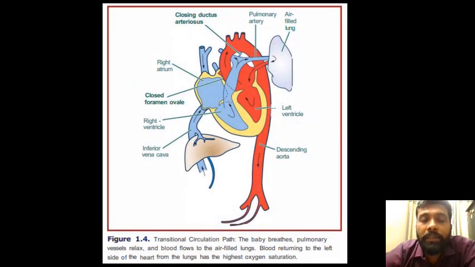So this is a transitional circulation pathway. This is not a fully mature newborn circulation, and this is not a fetal circulation. This is the process that happens in between those two. This is the baby's lungs that is gradually being filled with normal air.